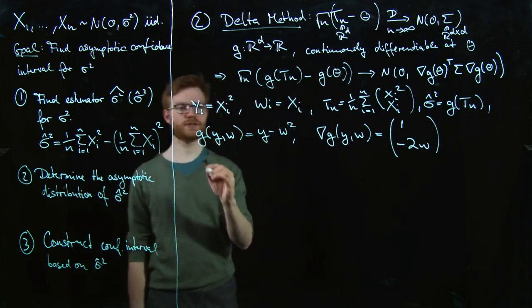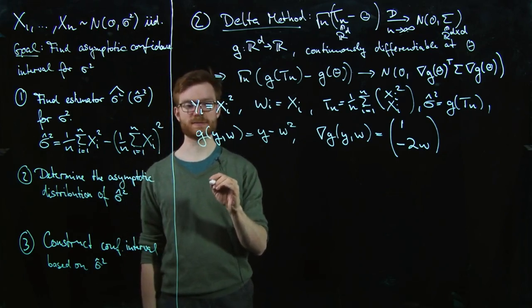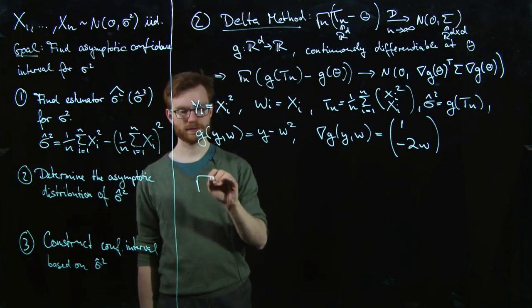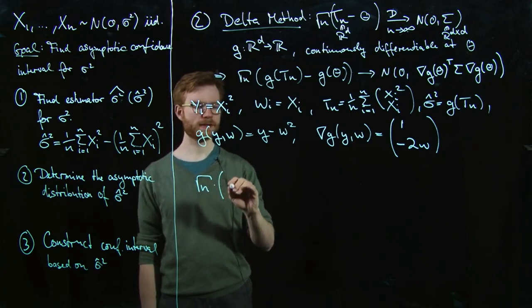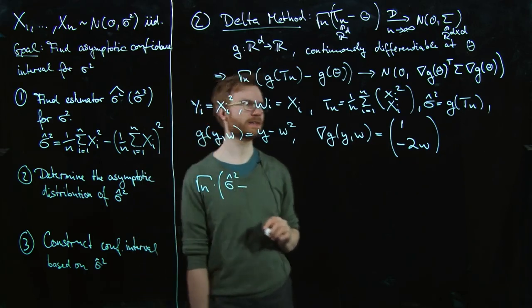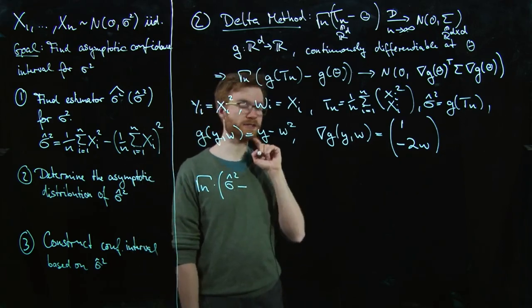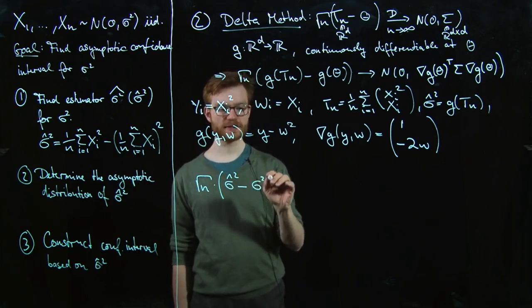That means, in turn, that the asymptotic distribution of our estimator sigma hat squared is the following. We scale by square root n, take sigma hat squared, which is just g of Tn, minus the expectation at the limit, which we calculated to be sigma squared.